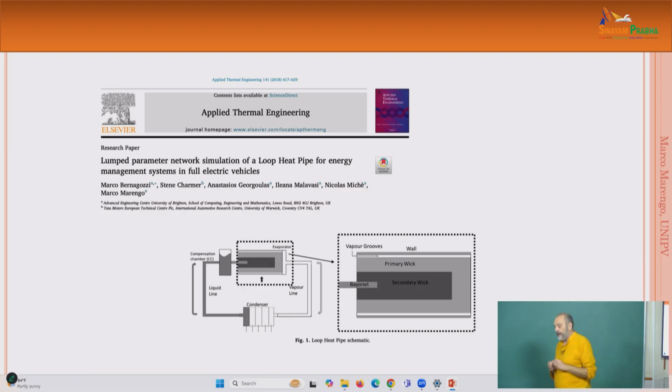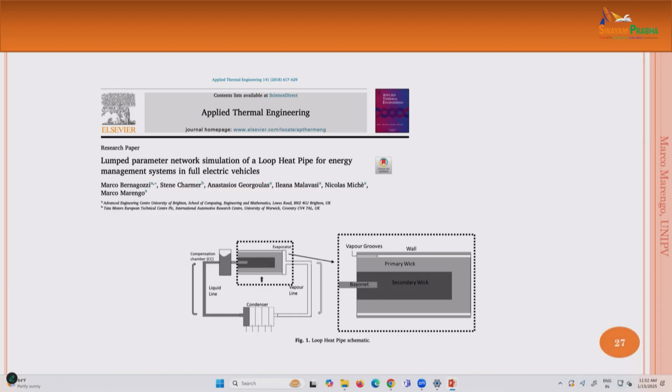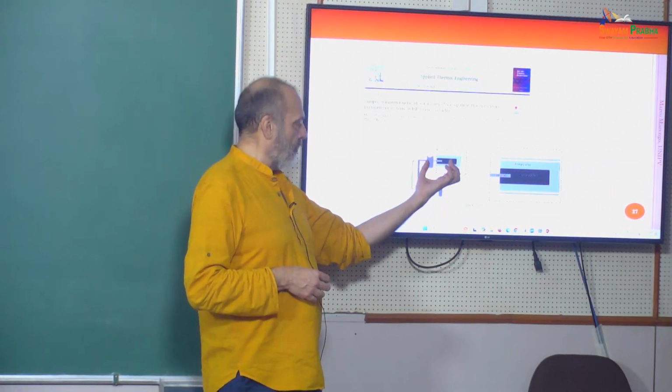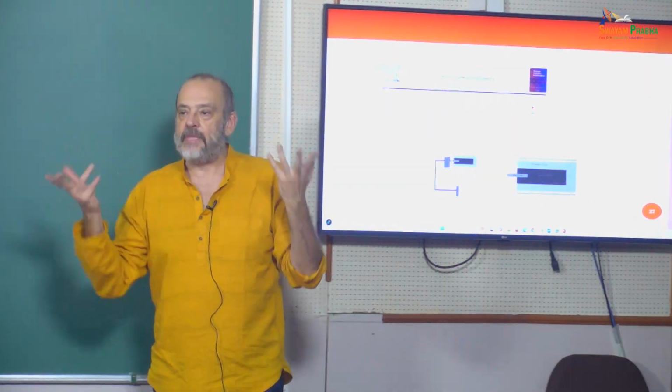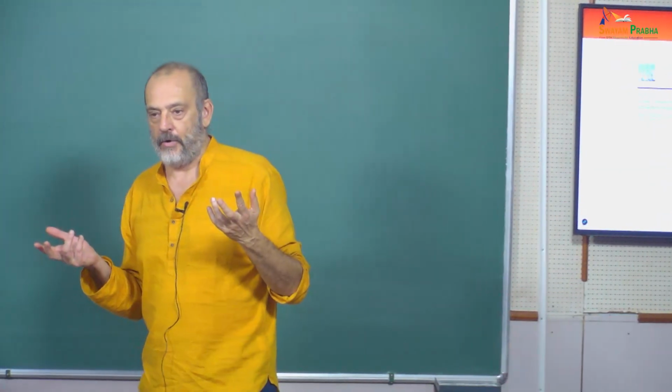So again, what is important in a looped pipe? What is happening here? Here we have an evaporator, where we have the wick. So the evaporator with the wick is building up the capillary pressure, okay?